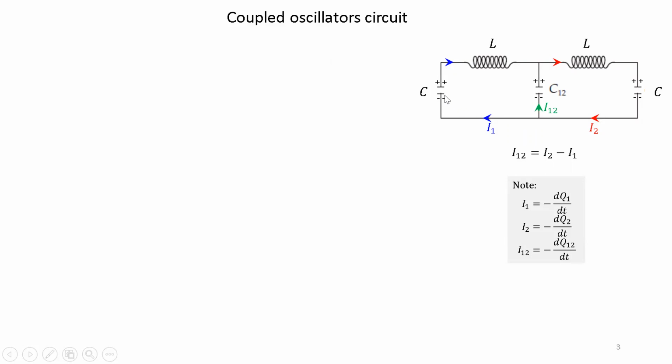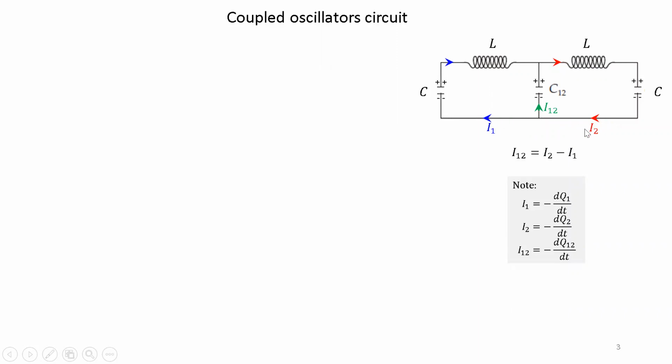See the setting here. I have these 3 capacitors, kind of in parallel, and then I have 2 inductors over here. And then I define 3 quantities. I1 is the current flowing through the left half of the loop, and I2 is the current flowing through the right half of the loop.